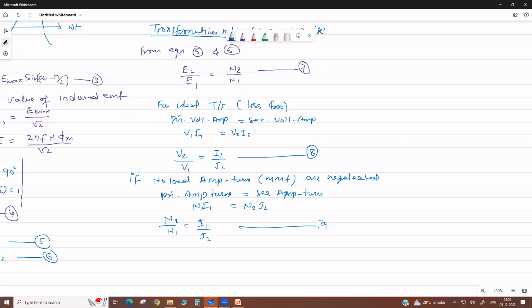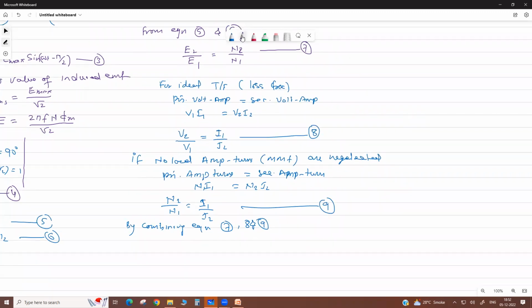So this is equation 9. Combining equations 7, 8 and 9, these are all equal now.